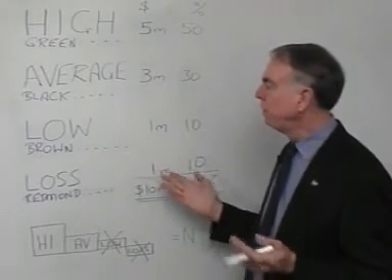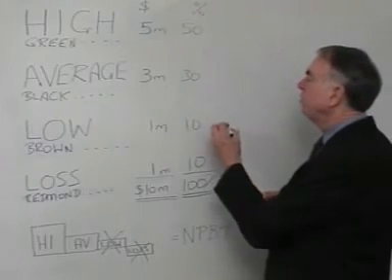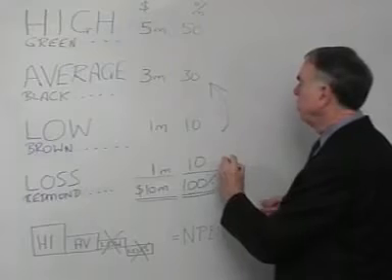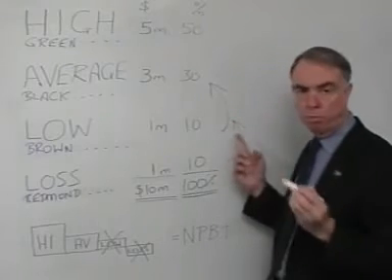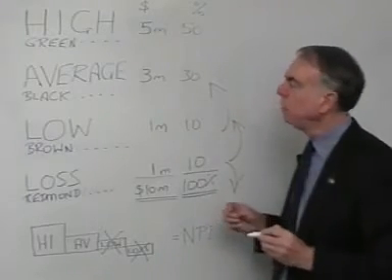And then when you've identified it, you need to have a process as part of your business plan to increase your low profit customers to average profit and loss customers to at least become low profit, or if they're lost and you can't make them profitable, you stop working.